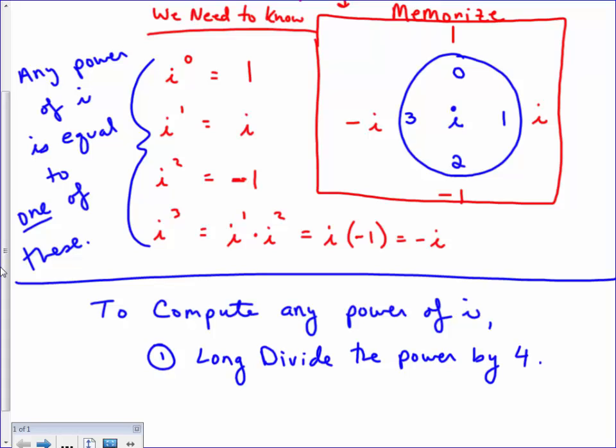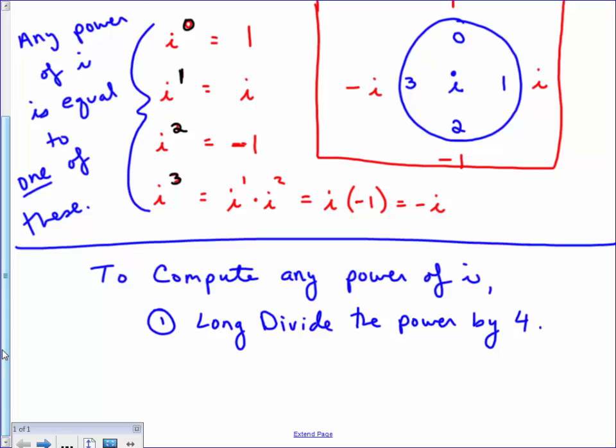Why 4? Well, it turns out that i to the 4th is equal to +1, and if we long divide any value by 4, then we will get remainders of 0, 1, 2, or 3, which are the powers on those original i values that I said we needed to know. So long divide the given power by 4.